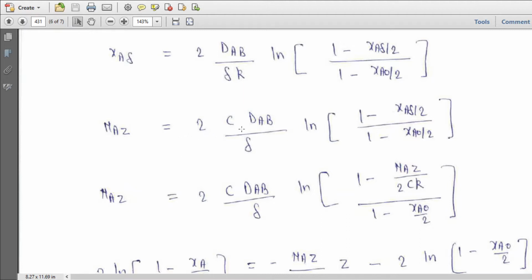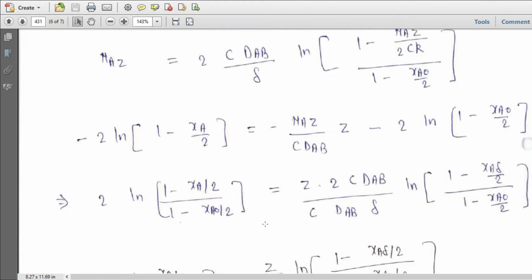So NAZ is given by 2 C DAB/delta, multiplied by this, so you can see the change from here to here. The k into XA delta divided by C would be equal to your NAZ. Now NAZ equals 2 C DAB/delta ln(1 minus XA delta/2). So this is the XA delta expression here, NAZ/(2 C k).